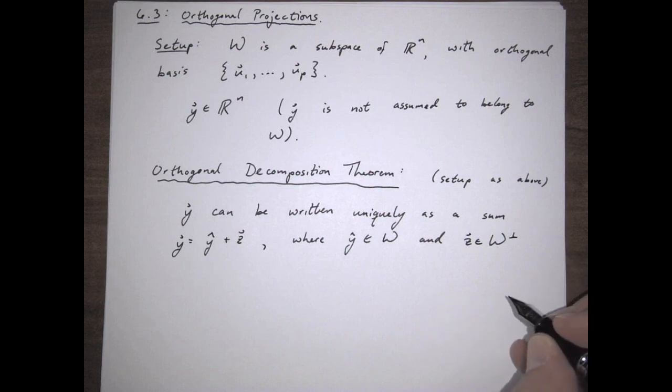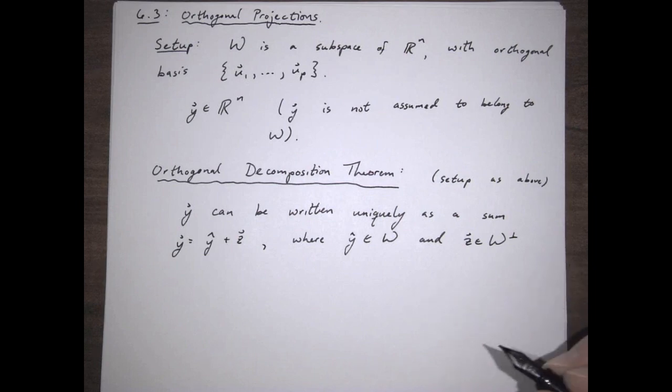So y hat is an element of W, it is in the span of those u's, whereas z is in the orthogonal complement to W, meaning it is perpendicular to the elements of W.